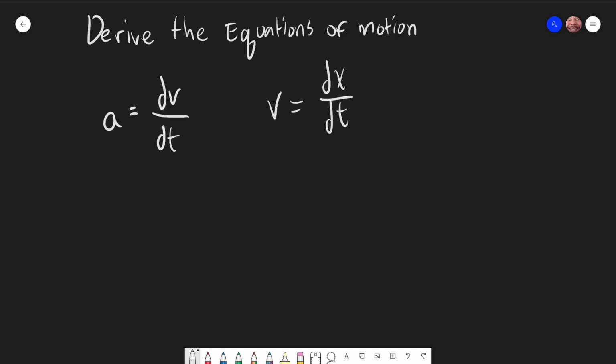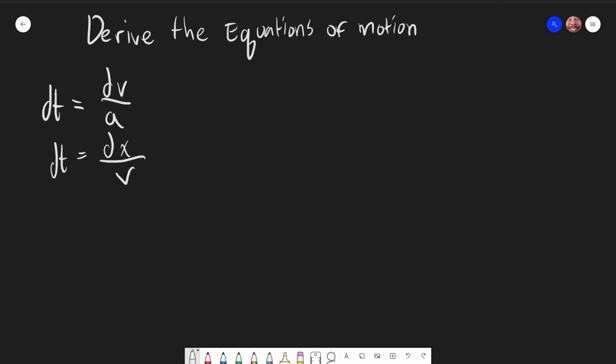Now we solve for dt on both sides. dt on this side is dv over a, and dt here is dx over v. Since they're both equal to dt, dv over a is equal to dx over v. Cross multiplying gives us v dv equals a dx.